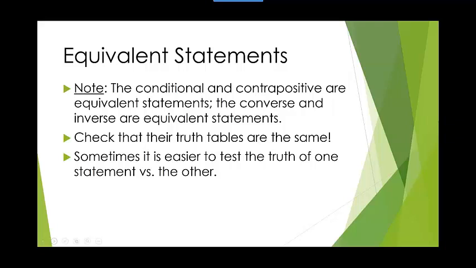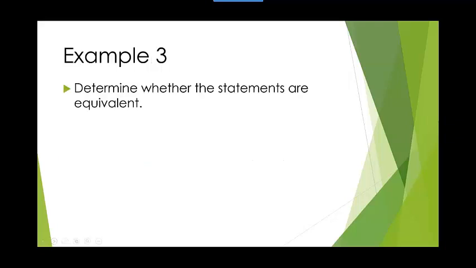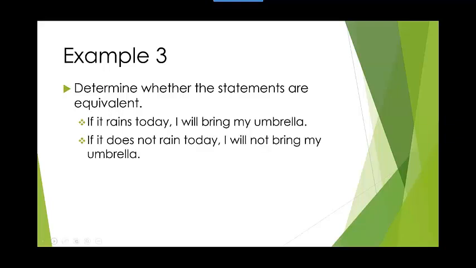Okay. All right, so let me do a couple examples with that, and then I'm going to move to the fallacies. Let's determine whether the following two statements are equivalent. If it rains today, I will bring my umbrella. And if it does not rain today, I will not bring my umbrella.